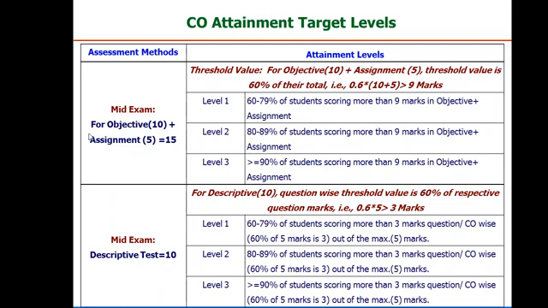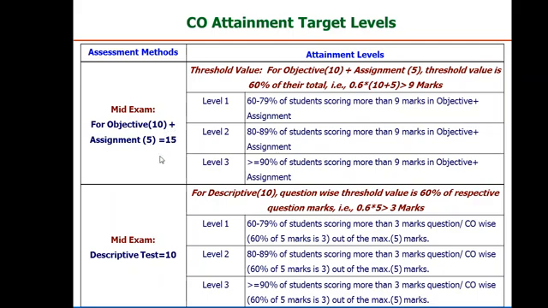Here we have combined the objective test and assignment, because the objective test consists of all multiple choice and fill in the blanks questions, where we can't define the learning levels, and the assignment depends on the faculty. So by combining these two, the total weightage is 10 plus 5, which is 15.